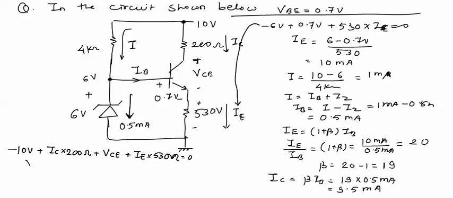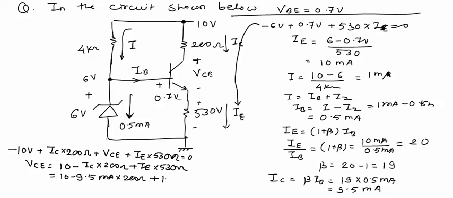Now VCE will be equal to 10 minus IC into 200 ohms plus IE into 530 ohms, which is equal to 10 minus 9.5 milliamperes into 200 ohms plus 10 milliamperes into 530 ohms.